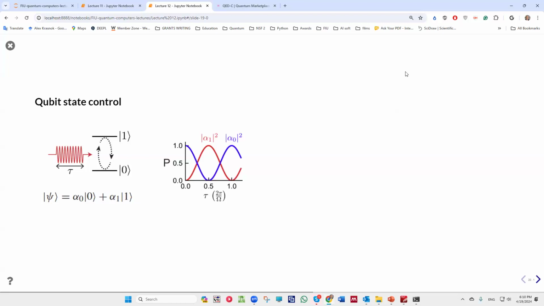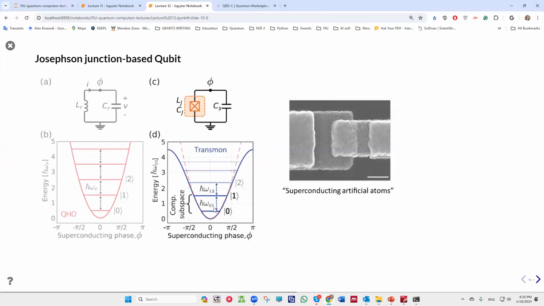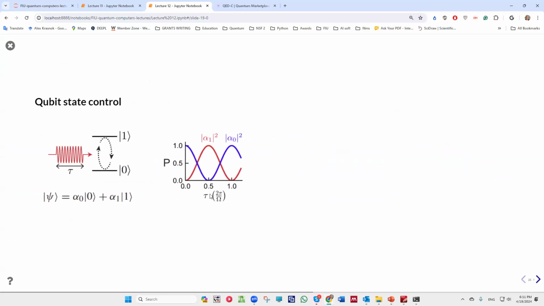So how do we control such a qubit? Well, let's consider the two states, 0 and 1, which we isolated from the rest of the other states. For the moment we forget about all the other states, provided that we work at the frequency that matches this omega 0,1 frequency transition.